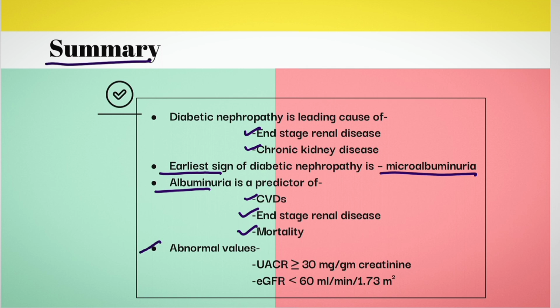These are the abnormal values by which we can diagnose diabetic nephropathy: urine albumin creatinine ratio more than or equal to 30 milligram per gram creatinine, and eGFR less than 60 ml per minute per 1.73 meter square.